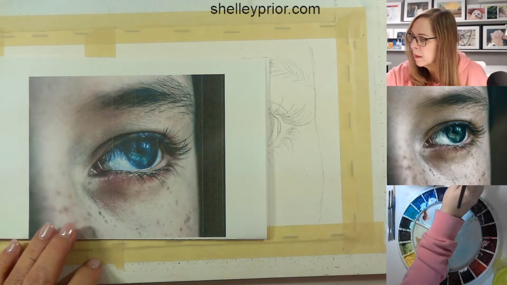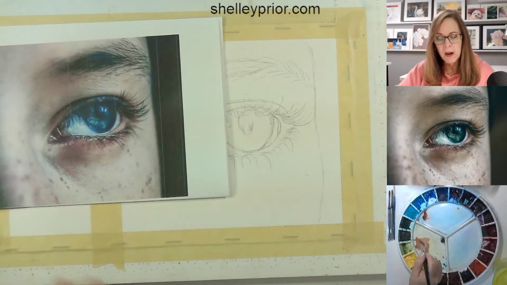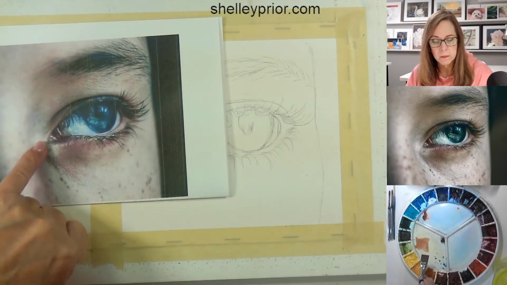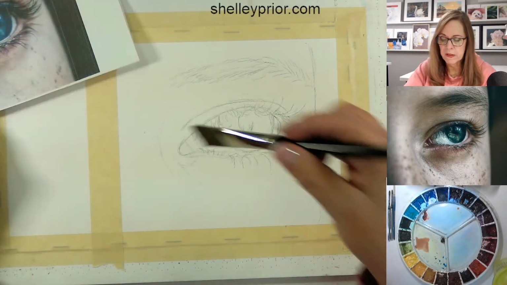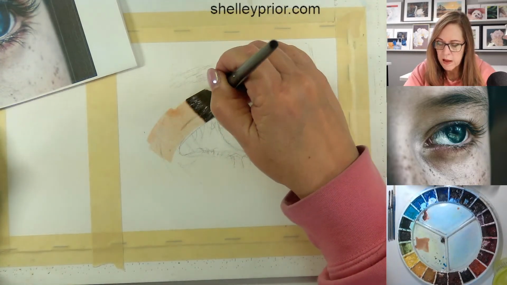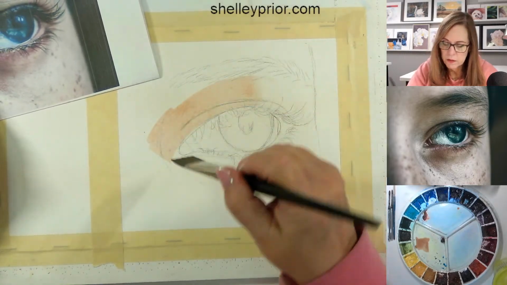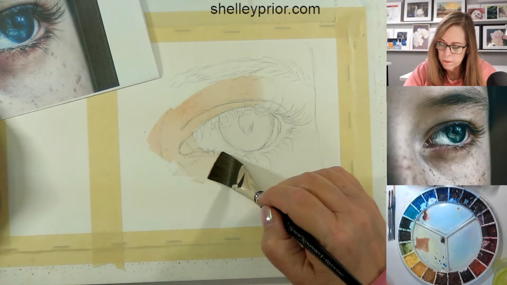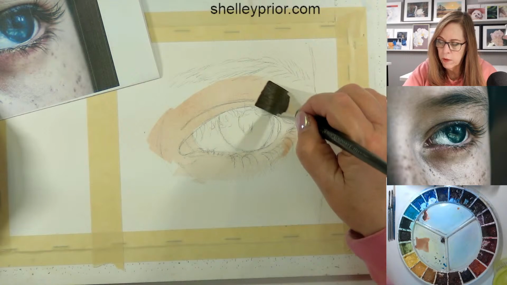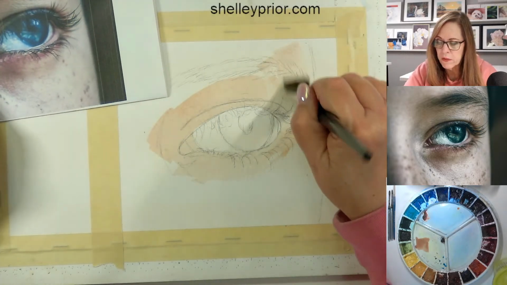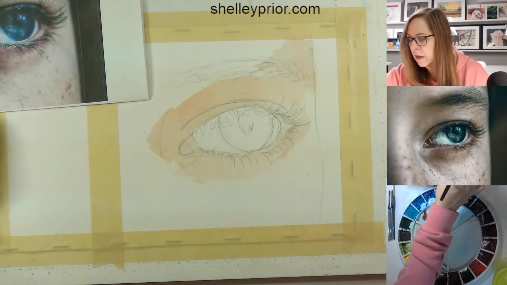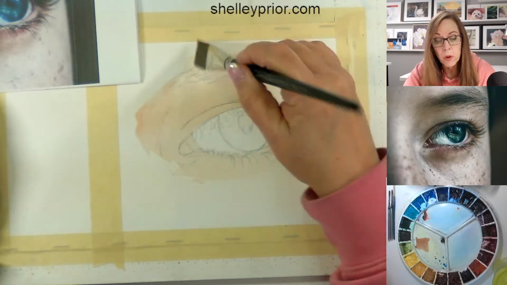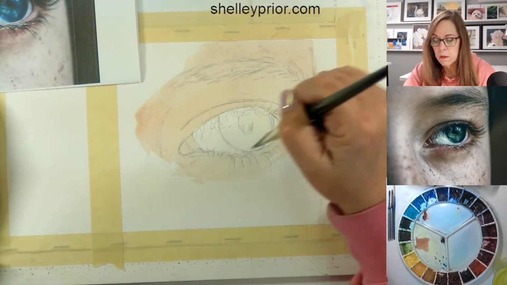So let me start off with some really nice wet color, and I'm just going to wet this area. This is going to be the lightest color in here, and so on, the lighter areas that we see. So I'm going to come around this eye. In fact, I can come right through the tear duct here because that's in the same family. I'm going to come right around the eye. Now, very often, especially if it's an older person, you might actually see some artists will paint the skin tone right through the pupil.